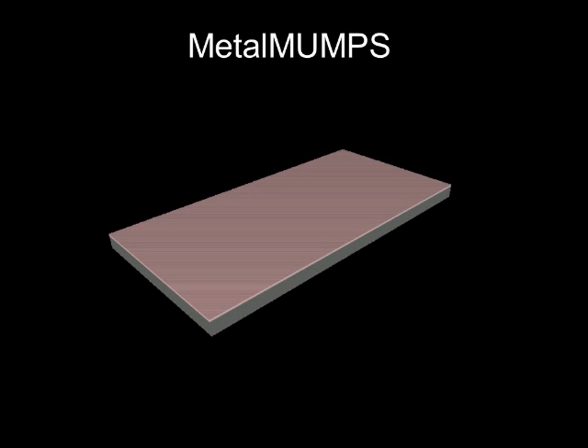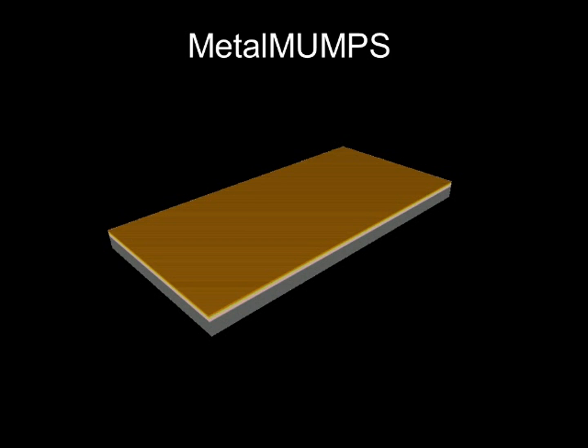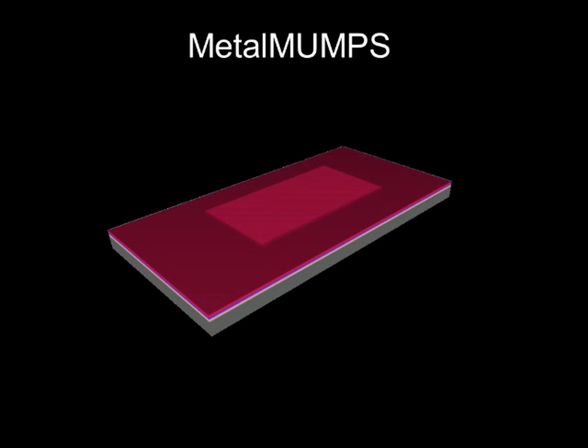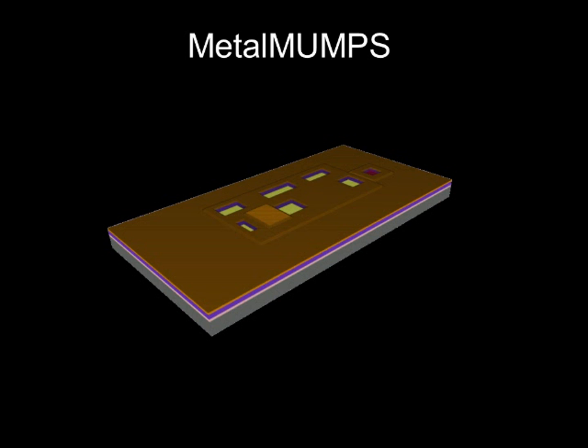First, here's the metal MEMS process in FabViewer. The metal MEMS process incorporates three major processes: thick metal electroplating, bulk micromachining and surface micromachining.